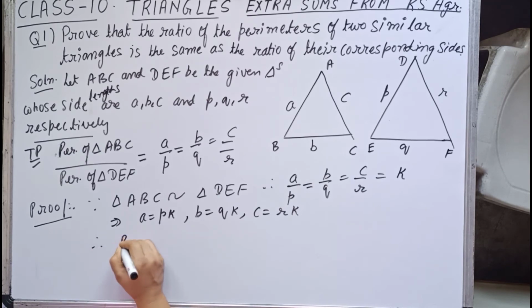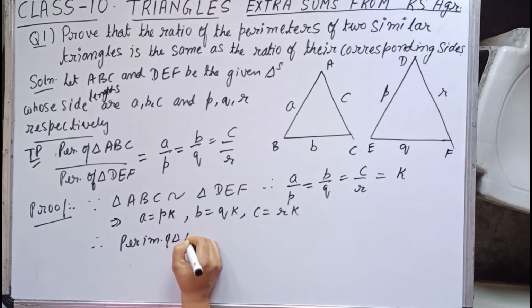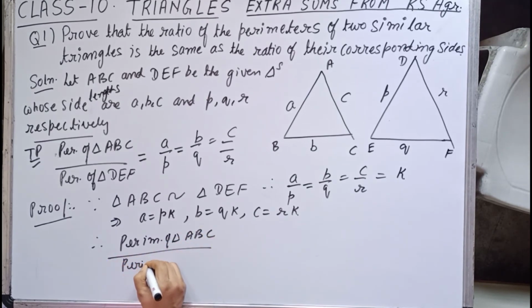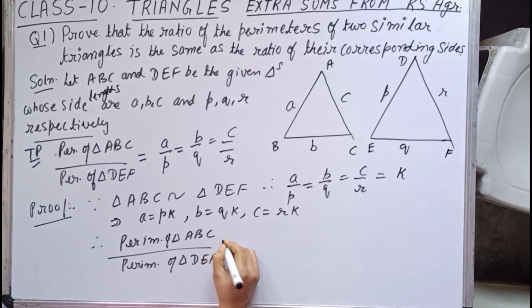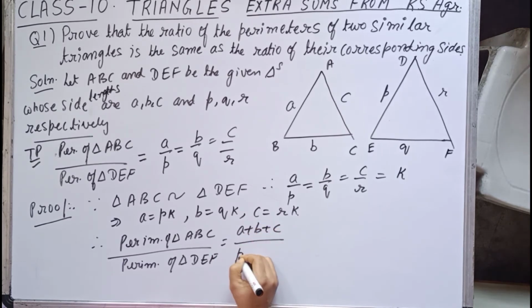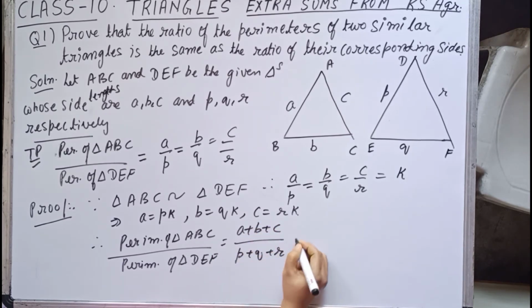Therefore perimeter of triangle ABC by perimeter of triangle DEF equals a plus b plus c by p plus q plus r.